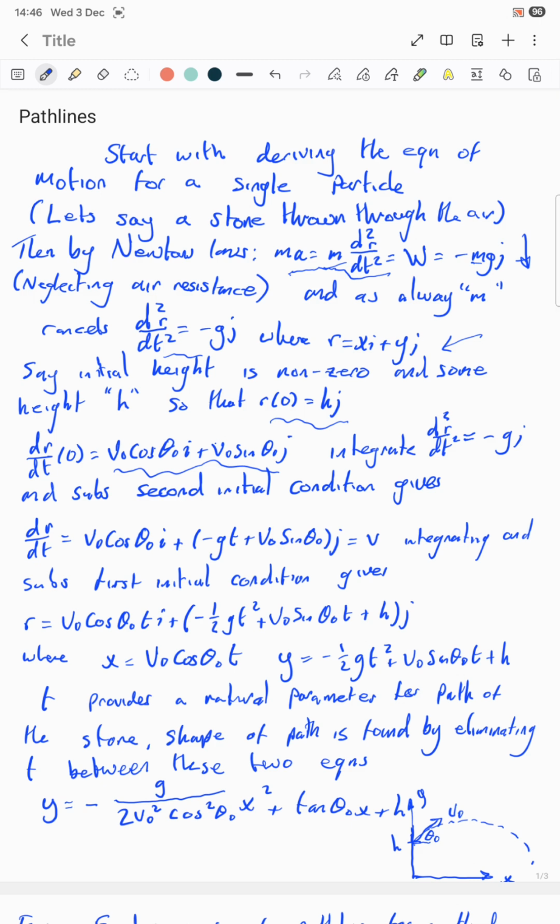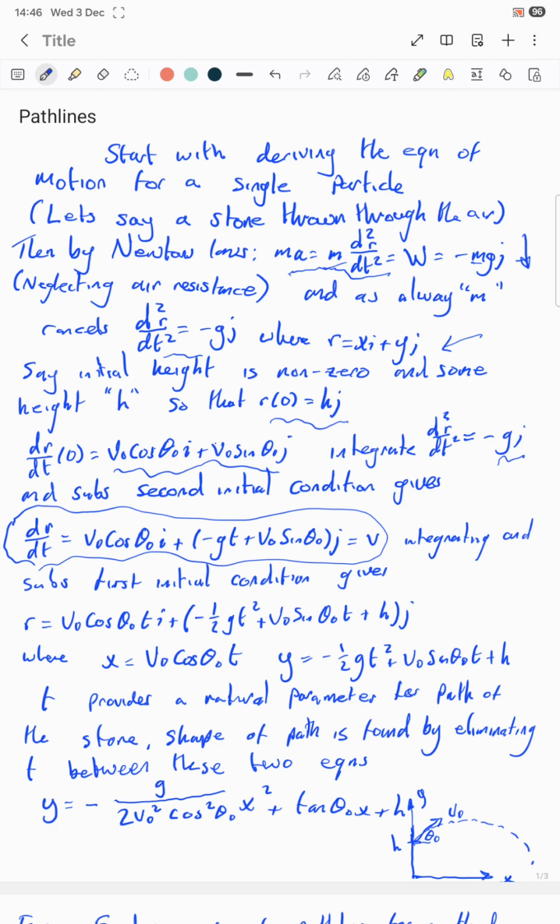So we integrate our second derivative with respect to time, which gave us this form, our minus gj, and substitute the second initial condition, which will give us this equation here, which should start looking quite familiar for our dynamic equations if you've done any kind of classical mechanics dynamics.